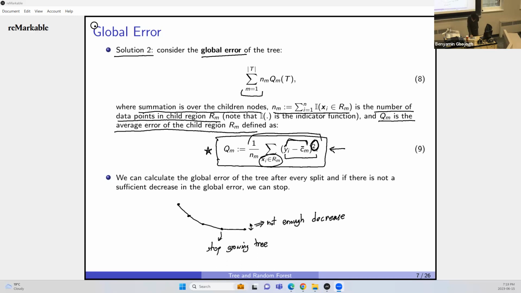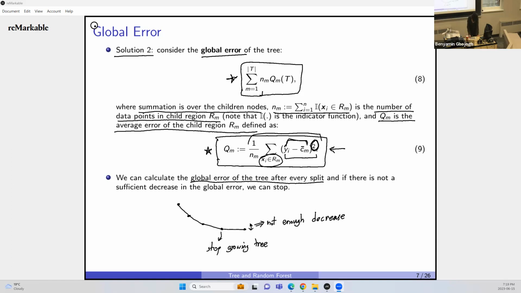And what do we do? We sum over all of the children. So this gives us a kind of global error of the tree. We can calculate the global error of the tree after every split. Every split that we do on the tree, we calculate equation 8, the global error.